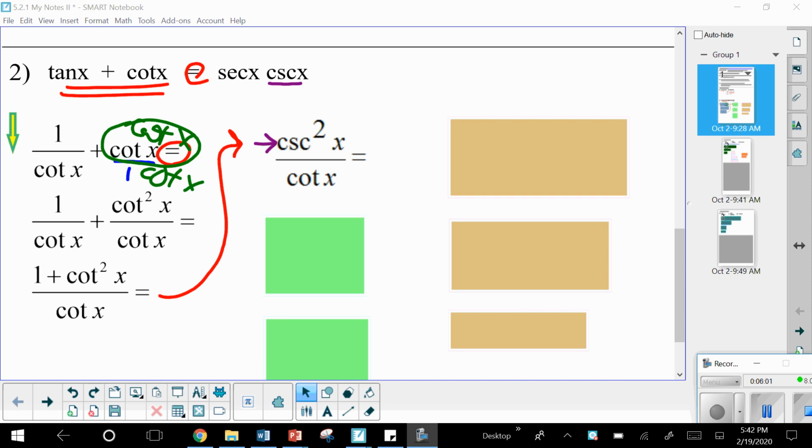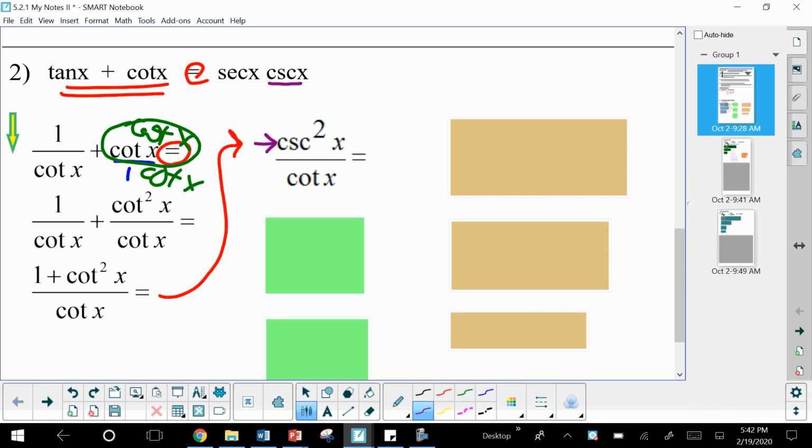So the next way that I'm going to do that, I'm actually going to write another side step up here that I didn't write in the problem. I'm going to factor out our numerator. And so I'm going to have cosecant squared x times 1 over cotangent x so that I can use my reciprocal rules.